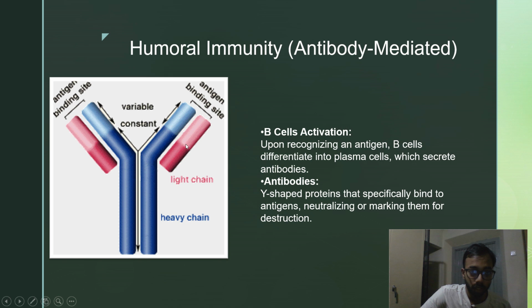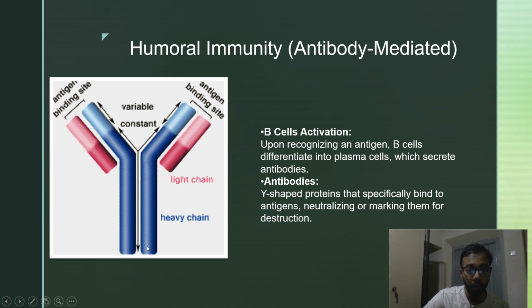In this Y-shaped antibody, there are several areas. This area is called the constant area. The terminal area, which is the antigen binding site, is the variable area. This light colored area is the variable area. There are two polypeptide chains. Actually, there are four, and this is a symmetrical molecule.